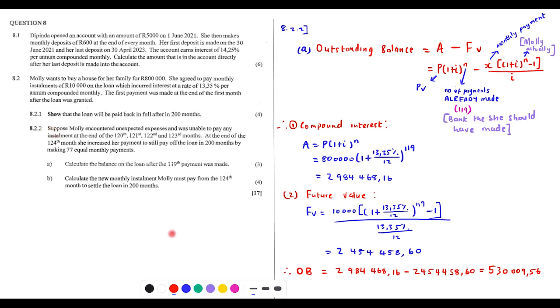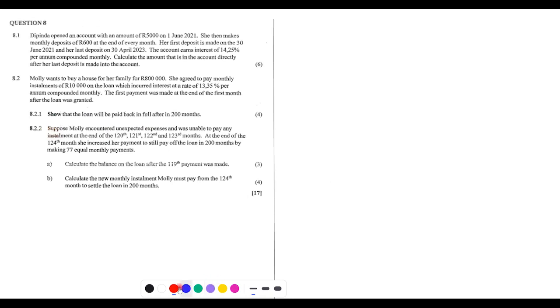And then now let's look at the second question, which is question B. Question B says calculate the new monthly installment Molly must pay from the 124th month to settle the loan in 200 months.